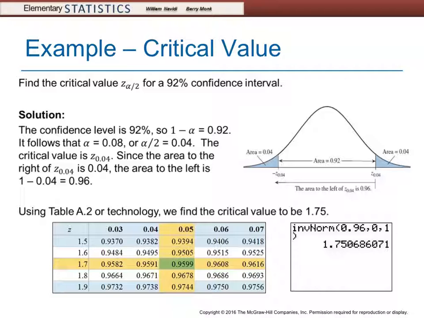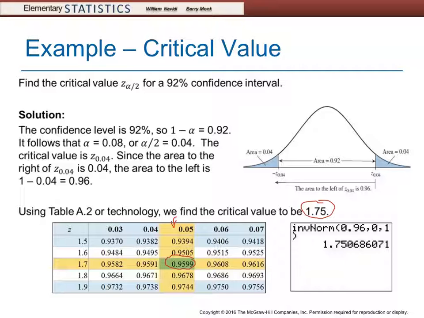Since the area to the right of z at 0.04 is 0.04, the area to the left is 0.96. So either using A2 or technology, we find the critical value to be 1.75. So here on the table, we go inside the table, right?